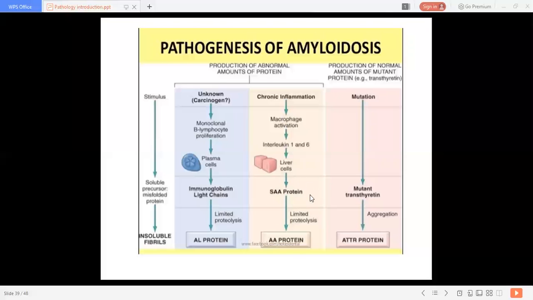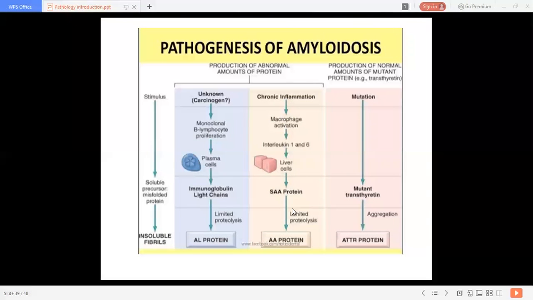So here serum amyloid associated protein gets formed in the liver cells, and this partial degeneration or proteolysis occurs in the reticuloendothelial system.